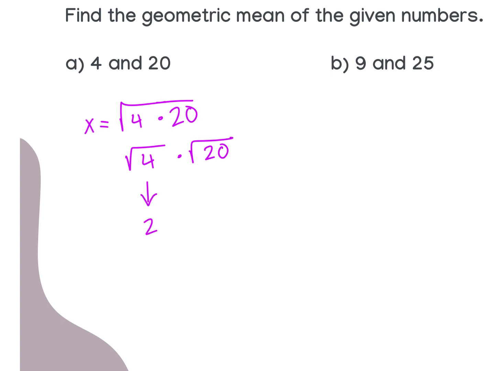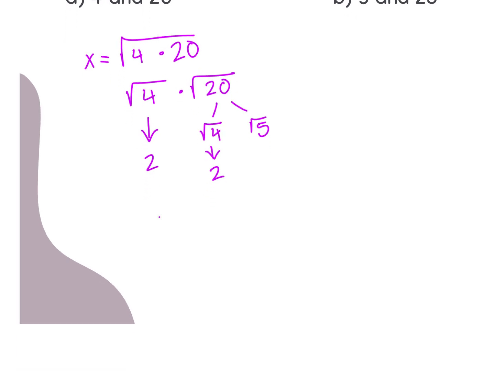And then I need to simplify my 20. What am I going to simplify it to? Okay, radical 4, radical 5. Are any of those perfect roots? Yeah, my 4 is. Can I simplify my 5? No. So right now I'm going to have 2 times 2 radical 5. And I could solve 2 times 2. X is going to equal 4 radical 5, and I'm done.